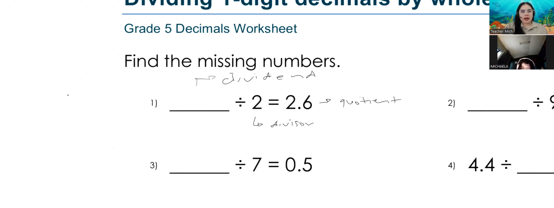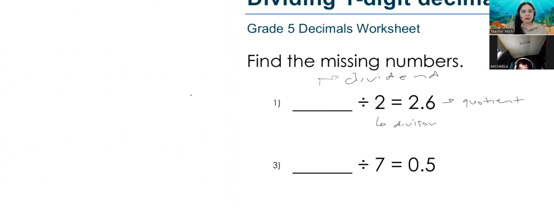So, Michaela, there are two processes that we need to follow. First, if the missing number is the dividend, we need to multiply the divisor and the quotient.